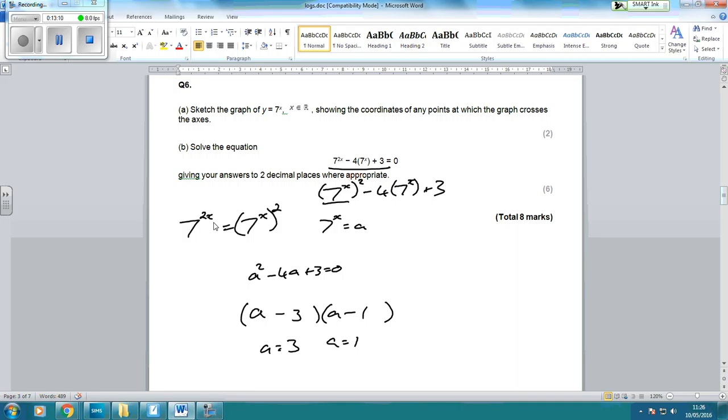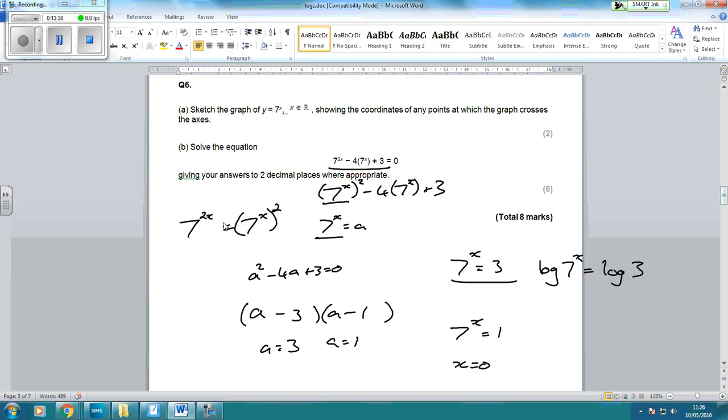Remember, it's not a, though, that you're looking for. A is 7 to the power of x. So you've got 7 to the power of x equals 3, and you've got 7 to the power of x equals 1. Now, this bottom one is dead easy, because anything to the power of 0 is 1, so x equals 0. This one is slightly different, so you've got to take logs of both sides. So you do log 7 to the power of x equals log 3.